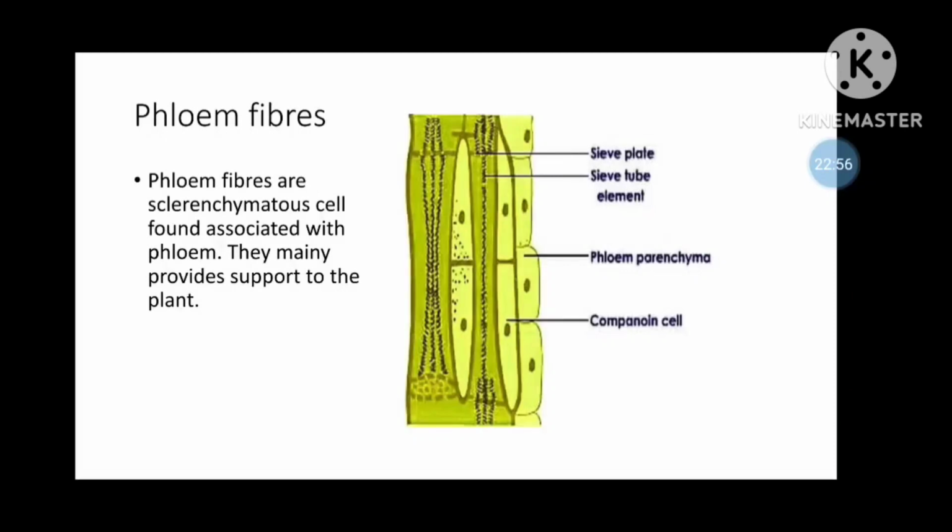So this transportation could take place in both directions. Right? So the transportation of material in your xylem is unidirectional, but the transportation of food in phloem is bidirectional.